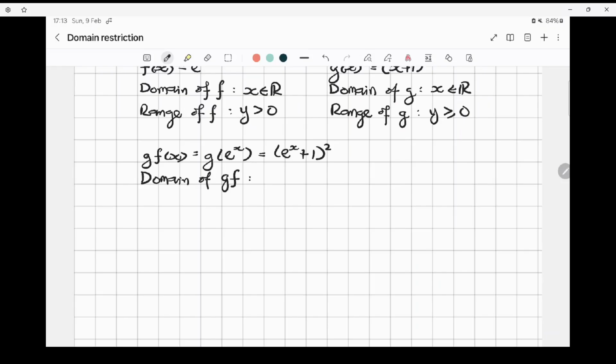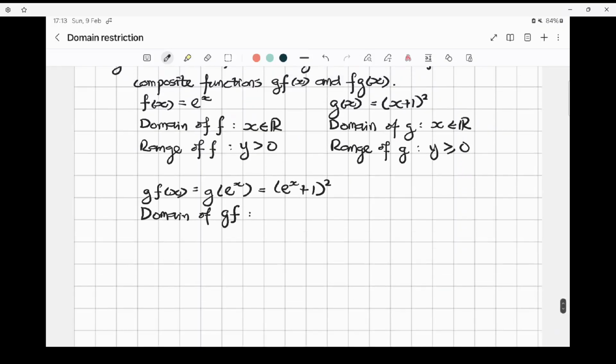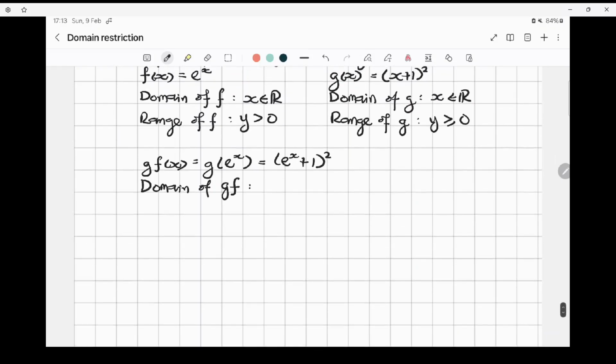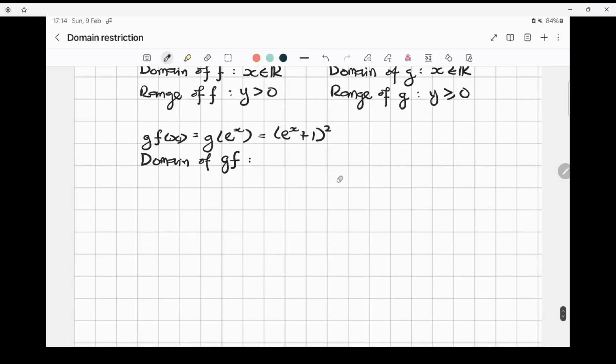Because you do f first and then you do g, it means that the range of f has to be at least a subset of the domain of g. In this case, this is true because the range of f is y greater than 0, and the domain of g is the set of all real numbers. So if you draw the set diagram, for example, I will just draw it here.